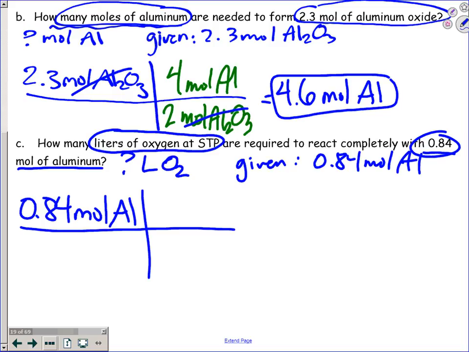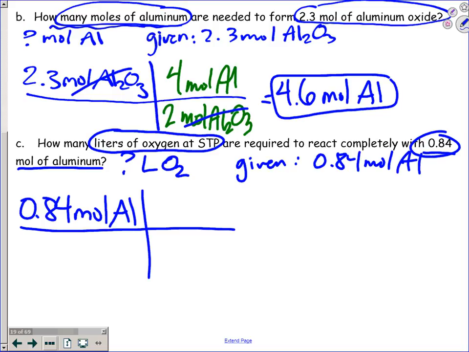I can't go straight to volume because this is still volume of aluminum, and that's not what the question's asking for. I have to cross the bridge. So I'm going to go from moles of aluminum to moles of what? Because the question is about oxygen. This side of mine is aluminum, this side of mine is oxygen. And then I'm going to go from moles of oxygen to volume. So how many steps is that going to take?